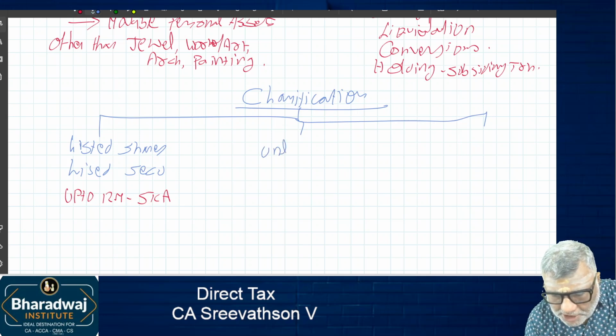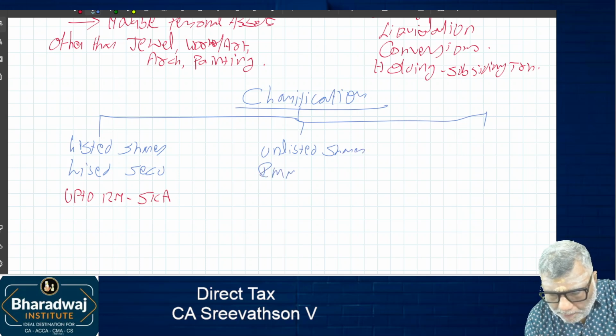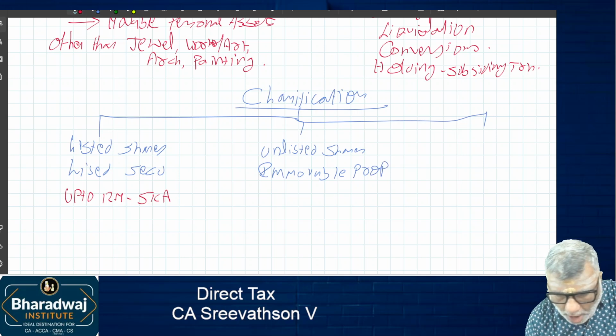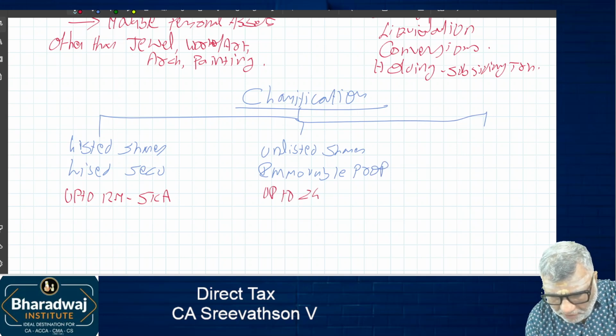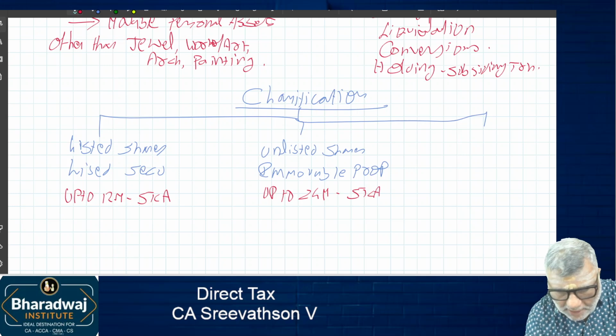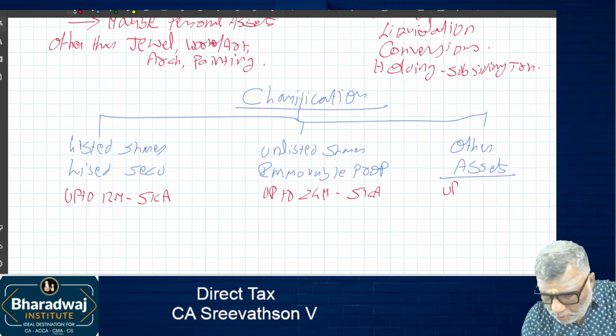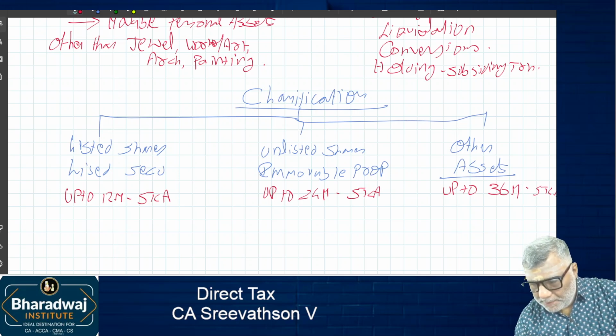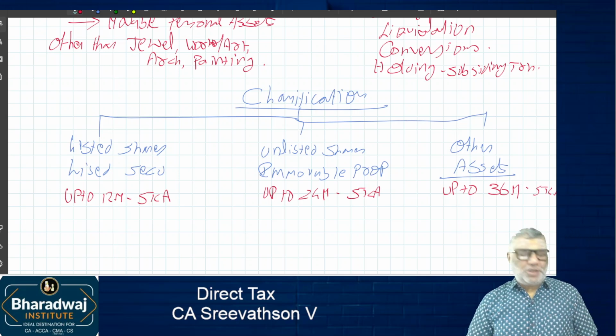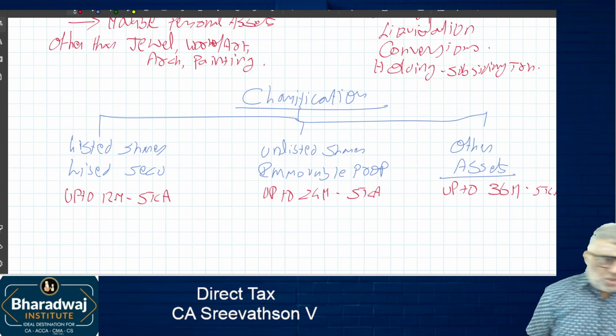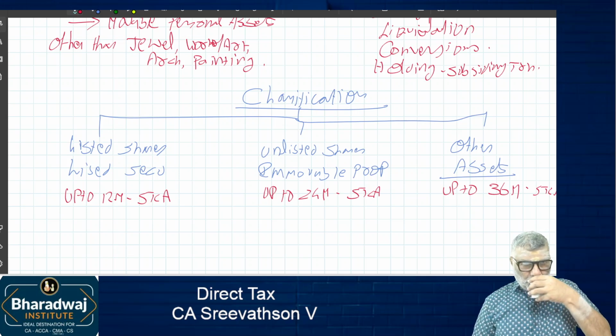Unlisted shares and immovable property: up to 24 months is a short-term capital asset. Other assets: up to 36 months is a short-term capital asset. That which is not short-term is long-term.